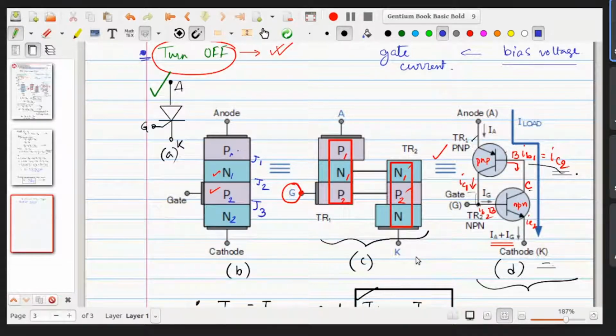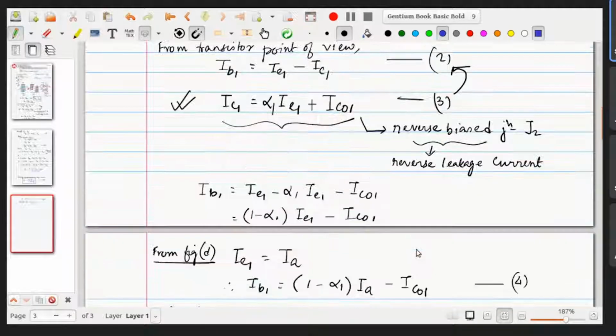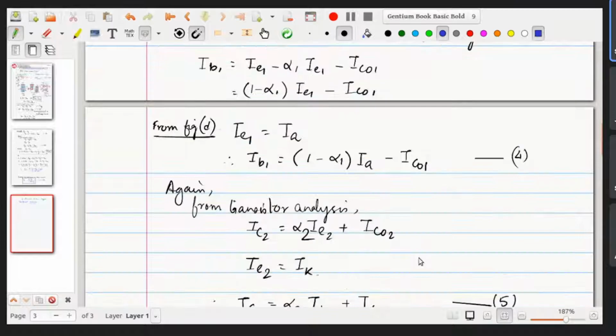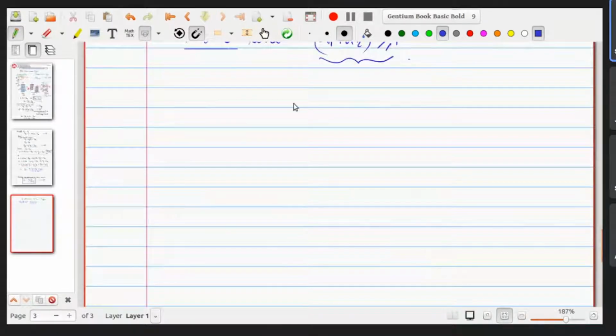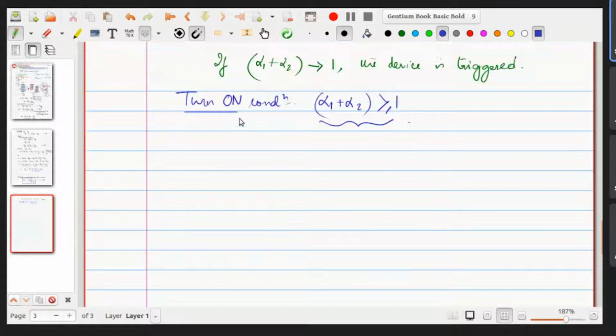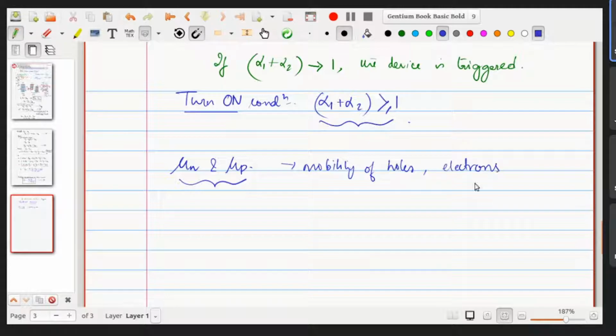And how can we achieve this condition for the breakover? Only if we have the hole multiplication factor and the electron multiplication factor. Do you remember one important point, mu n and mu p for a transistor, the mobility of holes and the mobility of electrons that we studied in the very early days of our discussions on the bipolar junction transistor?